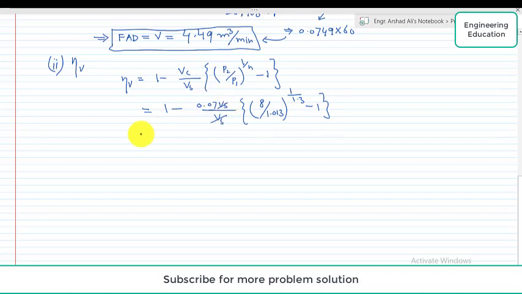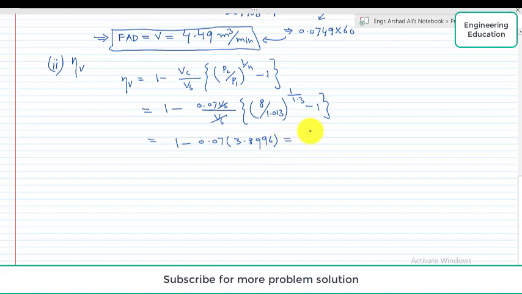So simplifying this, we get 1 minus 0.07 into 3.8996.